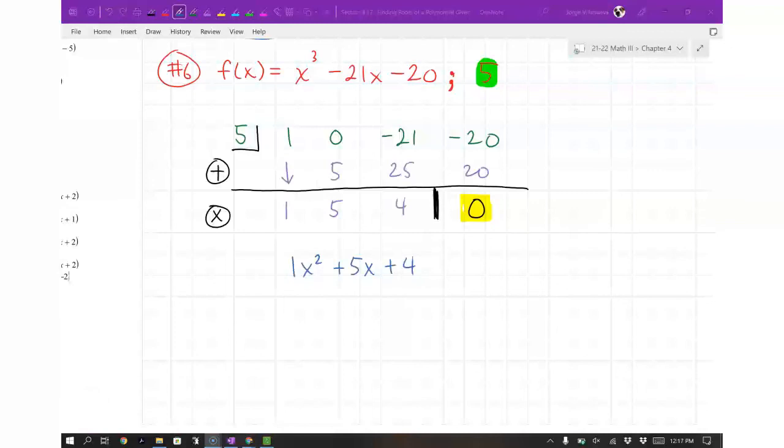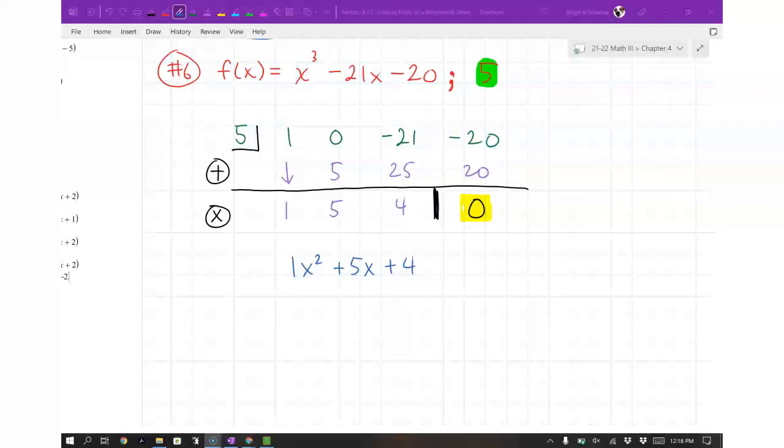All right, so by now, hopefully you guys have gone through the numbers and you put everything in. This is what you guys should be getting, okay? So you should have 1x squared, or just an x squared, plus 5x plus 4. Okay, your remainder should have come out to 0, so that's how you check. If it didn't come out to 0, then you know something's off. You got to rework something. And that actually happened to one of my students in my third period.